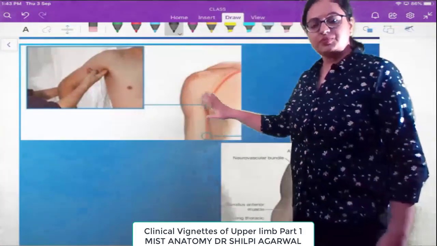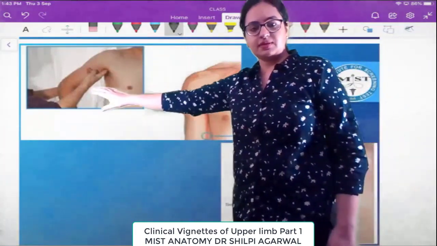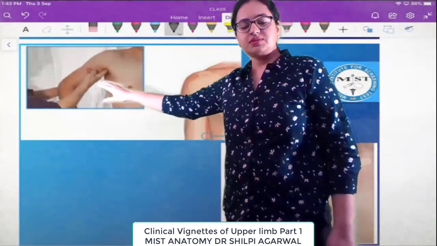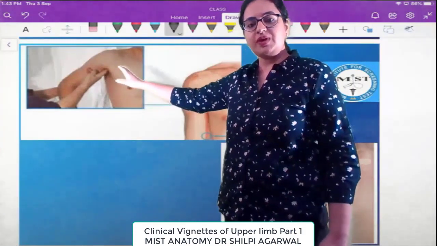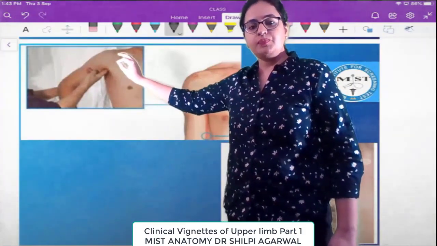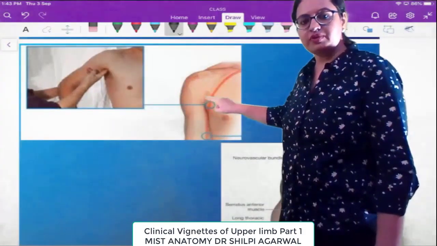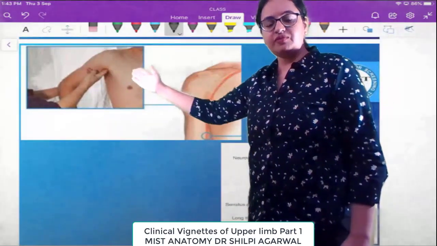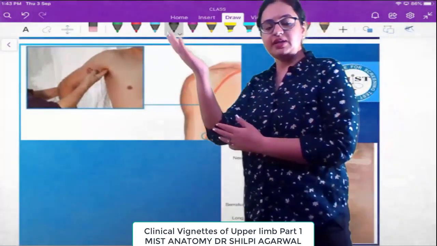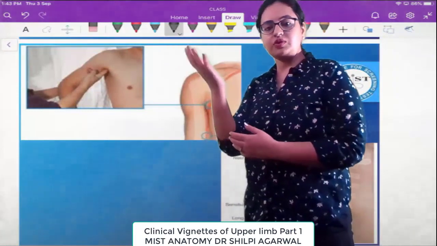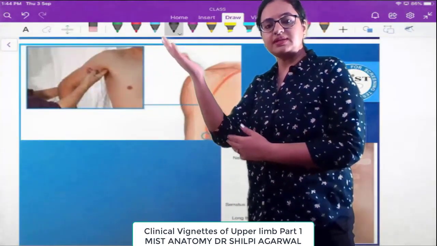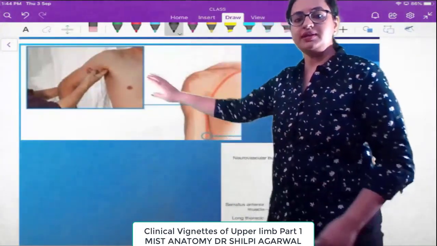Looking into this picture, you can see the clinician palpating the axillary pulse at the level of the axilla. He takes the hand along with the fingers into the axilla and tries to feel along the lateral aspect.